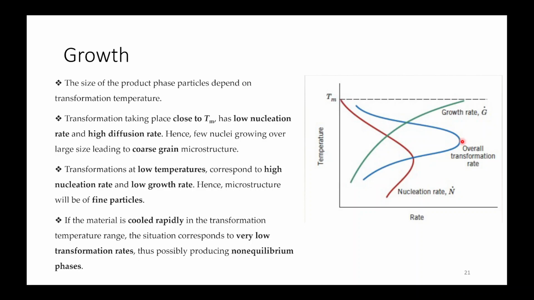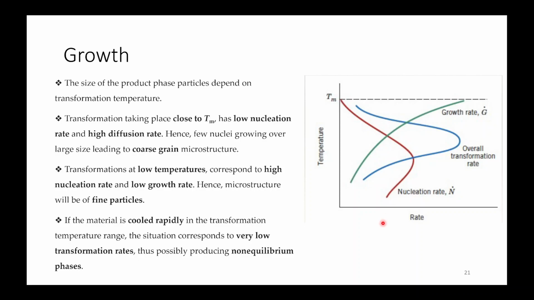So if there is highest transformation rate, then in that case your growth rate is also high, meaning the addition of both of these will be highest, because highest nucleation rate you are getting here at this point, but at this point your growth rate is very low, so the addition of both of these will be highest around here. You'll be getting high growth rate as well as high nucleation rate.